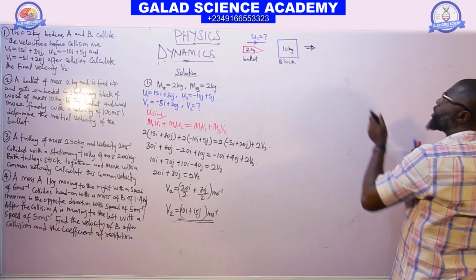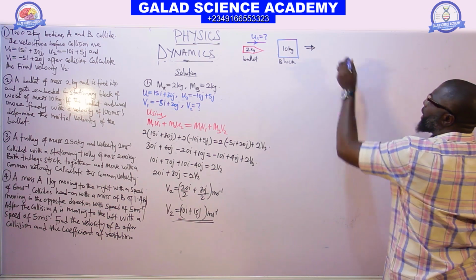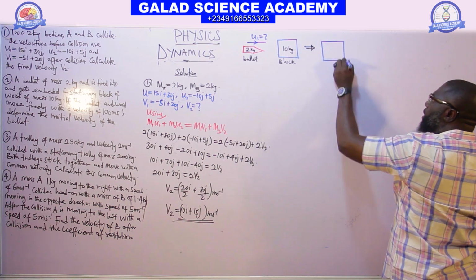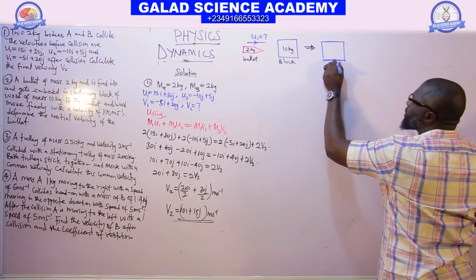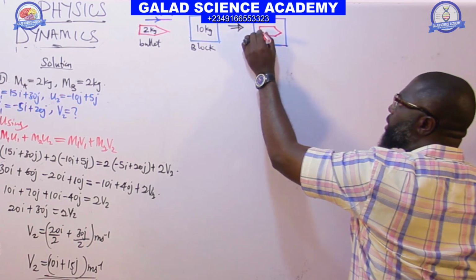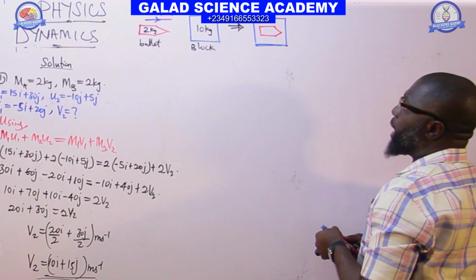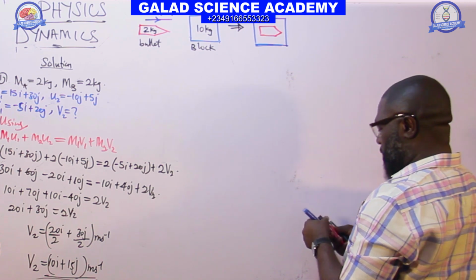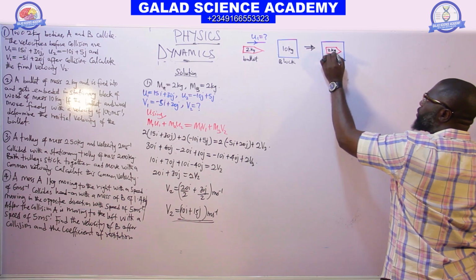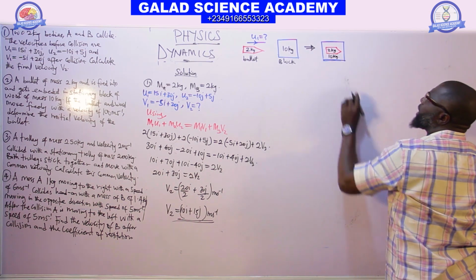the two of them are together. We have the block. This is the block afterwards, after collision, with the bullet inside the block. The bullet is 2 kg, and the mass of the block is 10 kg.